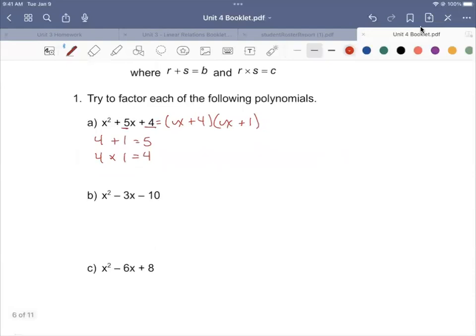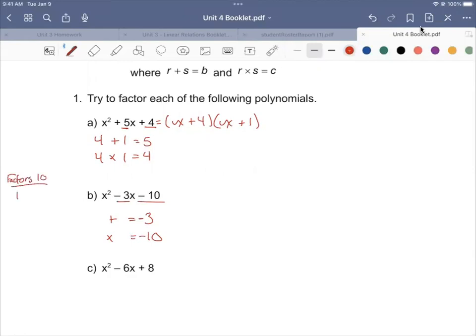Awesome. And then if I take a look here, I need two numbers that add to equal 3 and multiply to equal negative 10. I know numbers that could multiply to 10, so we'll just do different factors of 10.